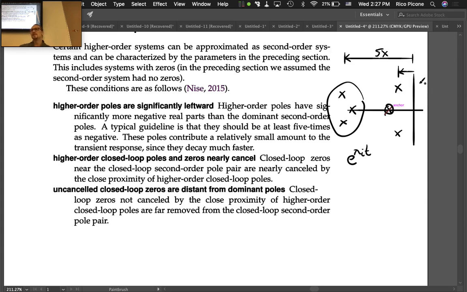So you can get rid of this guy by putting a 0 close to it, or on top of it. Now, before we get too enamored with the concept of pole zero cancellation, remember, say this was at -3. This would correspond to an s plus 3 zero and an s plus 3 pole, and they would effectively cancel. But there is still a concern about stability. If you have a right half plane pole, that means it's unstable, right?